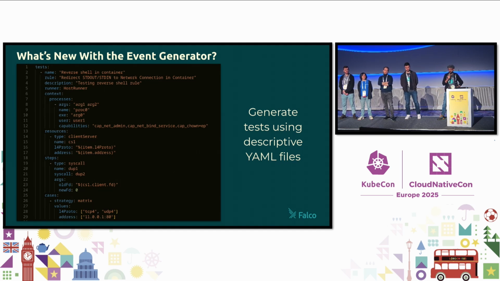We also have a matrix to generate multiple events with different input values. And of course, it's not shown in this example, you can also define expected output values that the event generator will check once the test runs. This will be released very soon.